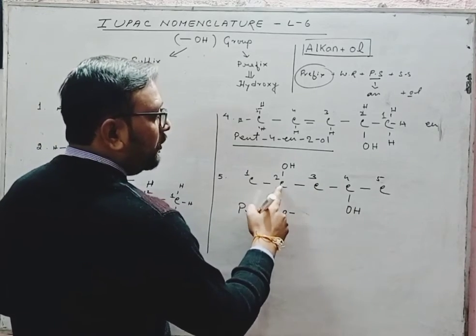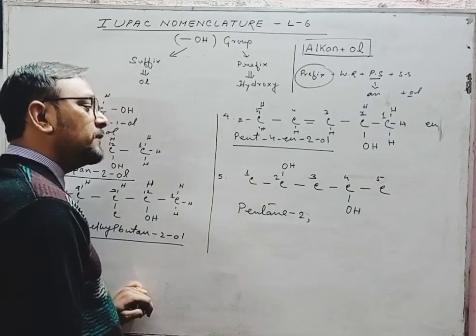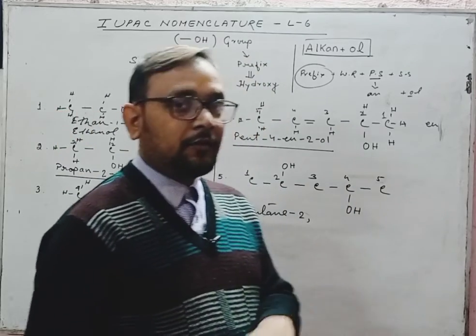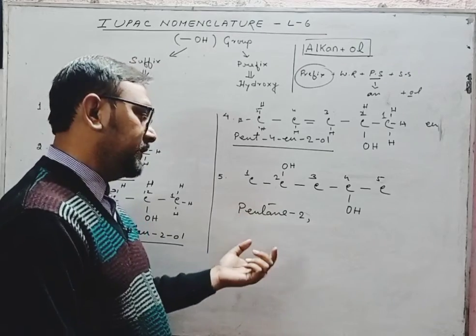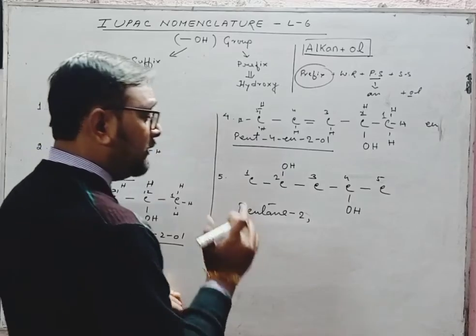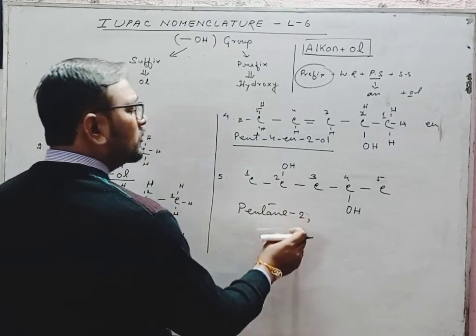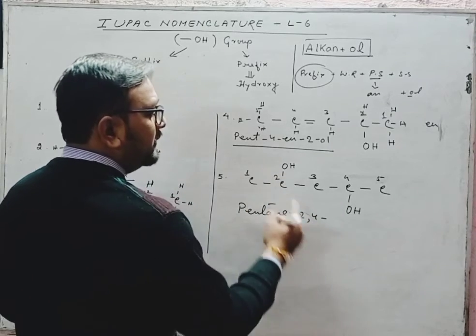Position of this ol: 2 comma 4. Always separate a number from another number with a comma. Never use a comma between alphabets. Always separate alphabets and numbers with a hyphen. So pentane-2,4.